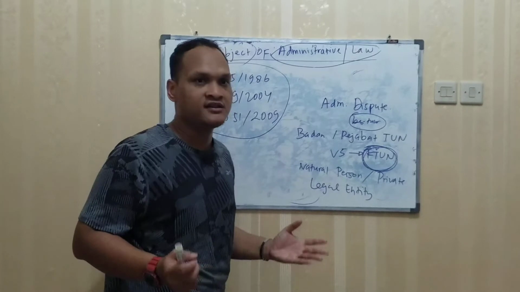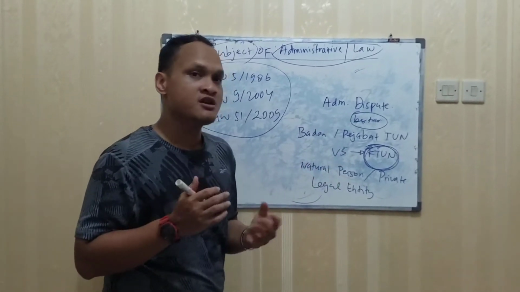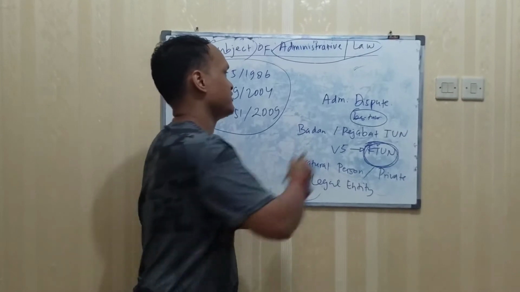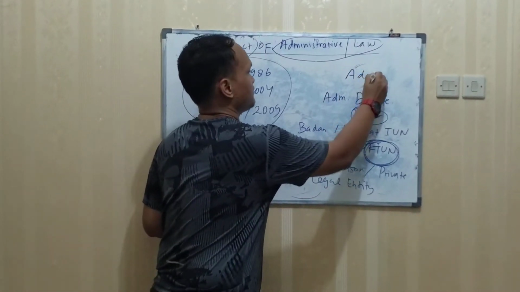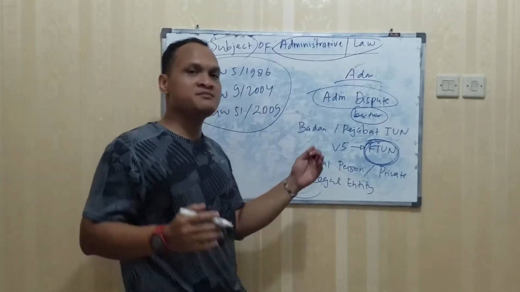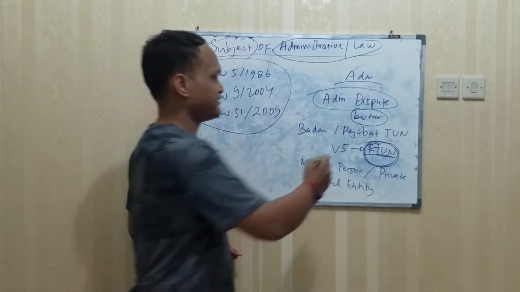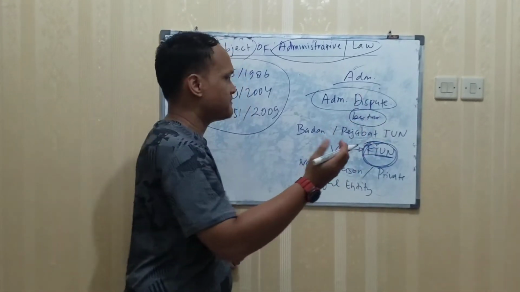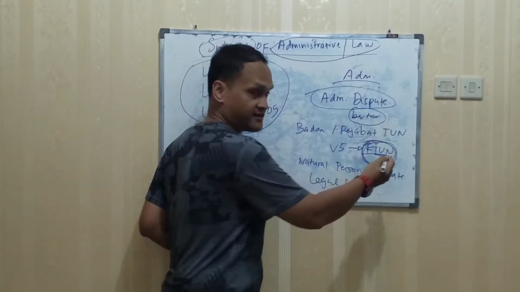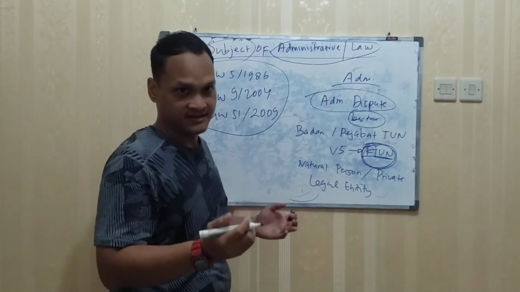In this case, if you think that the undang-undang is bringing you disadvantage, you cannot bring it to the administrative court and you cannot consider it as an administrative dispute because the law made by the DPR is not KTUN. Because the law made by the DPR is not beschikking, but it is a law, regeling.